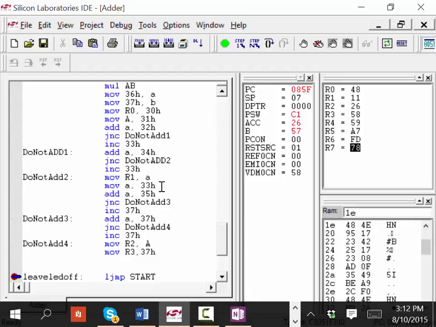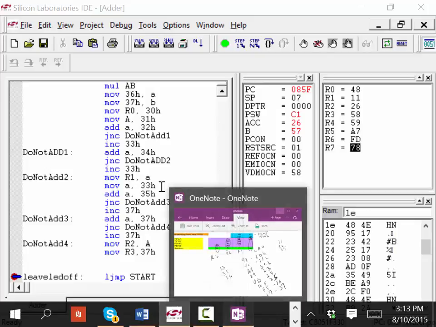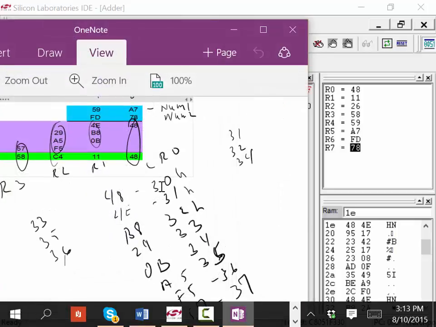Now the next one. Move 35, 33 into A1. Do not add, increment. I forgot, somehow I'm not moving. Oh, here I'm moving R2A. That looks like that 26 is not right. That should be C4. We had C4 a few minutes ago, so I broke something up there.